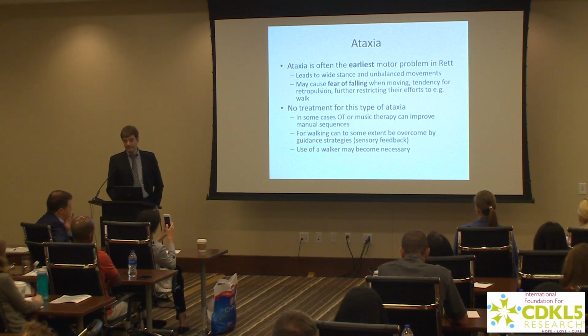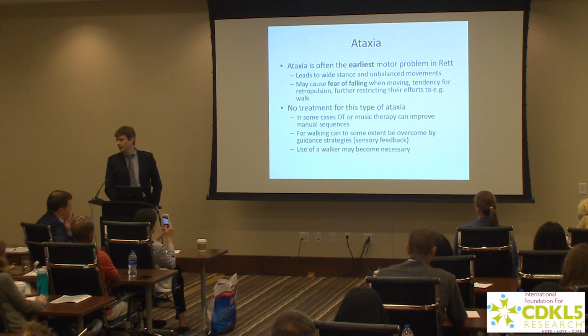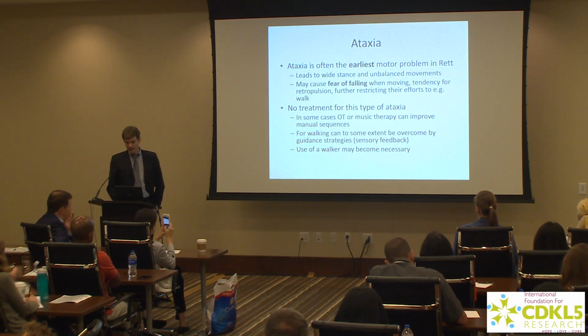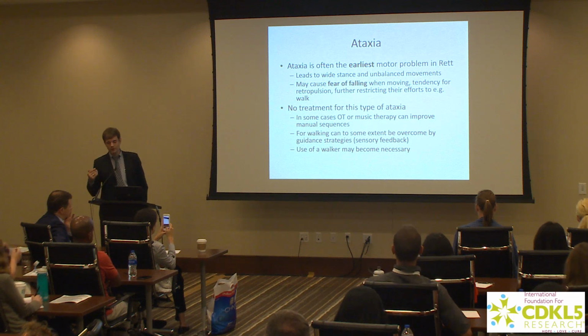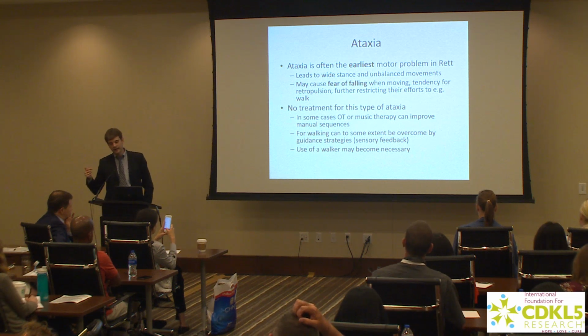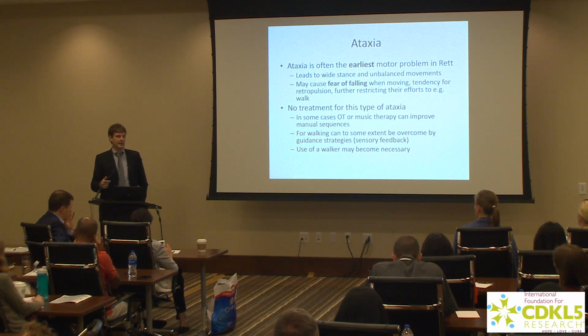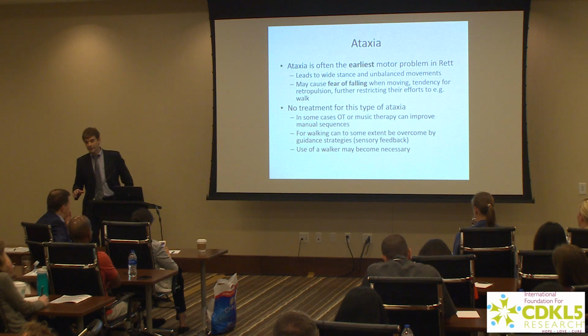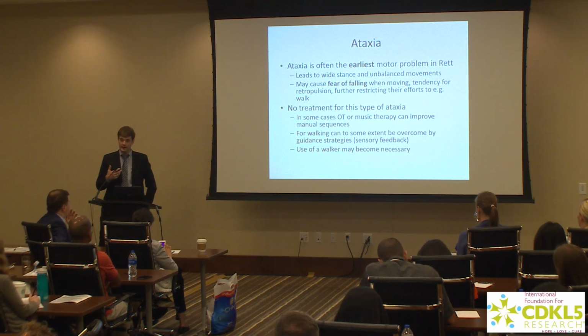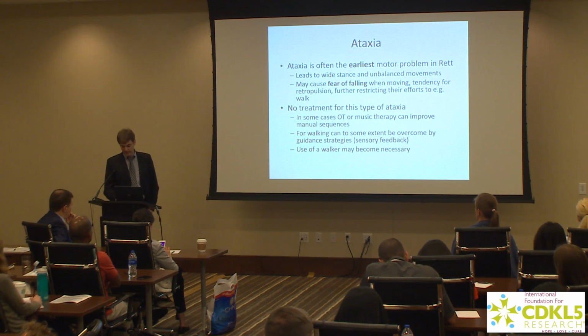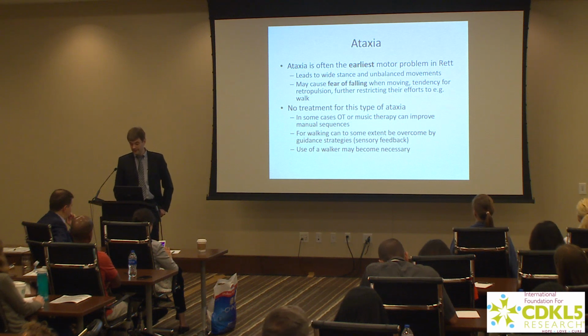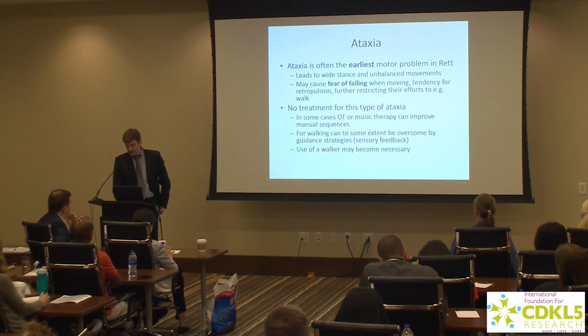It is often noted very, very early on in Rett syndrome, and if the child is functional to the degree that she or he can walk and plan their walking, you will notice that their walk is becoming unsteady, broad-based. A fear of falling may develop because of this ataxia. There are no great treatments.